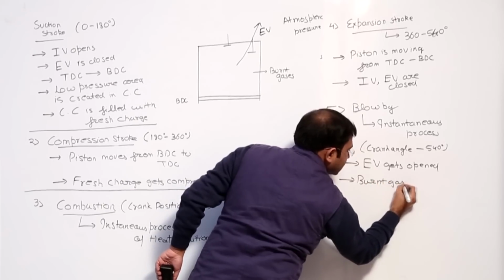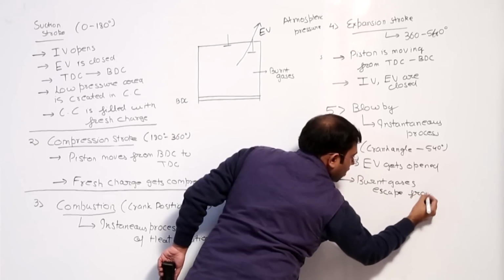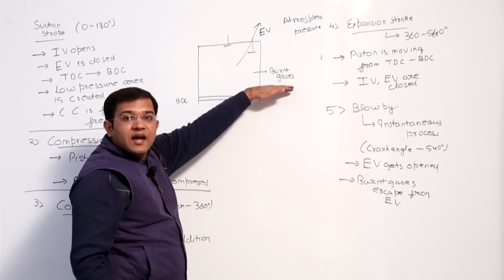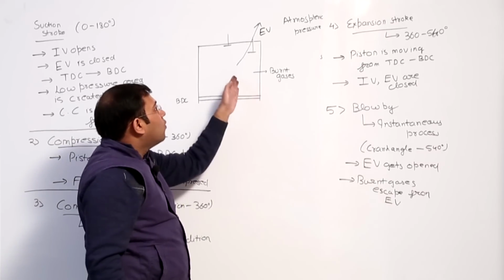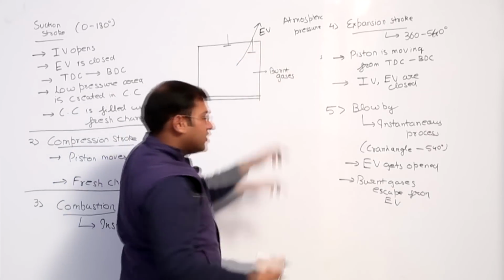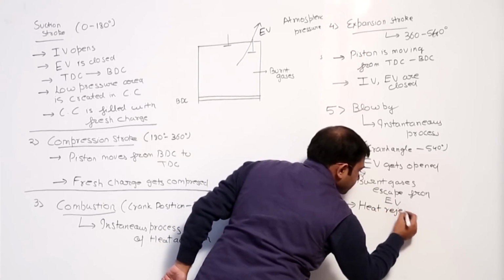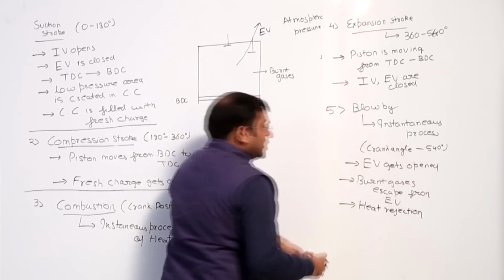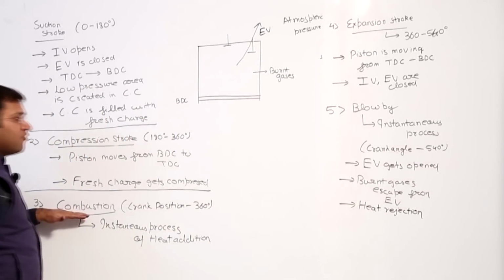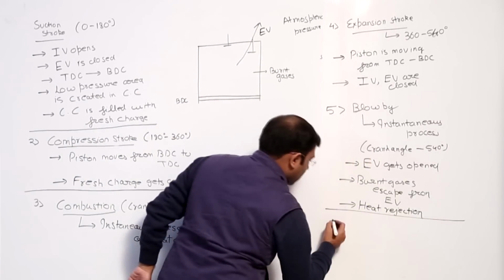Burnt gases escape from the exhaust valve, and these burnt gases are at very high temperature. So when these burnt gases escape to the atmosphere through the exhaust valve, we can say it is a process of heat rejection. And this heat rejection or blowby is an instantaneous process like that of combustion. Fine. The last stroke is that of exhaust.